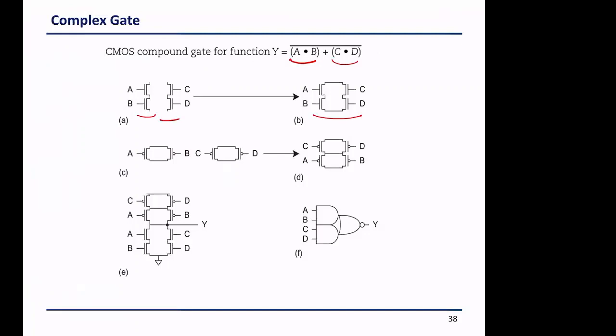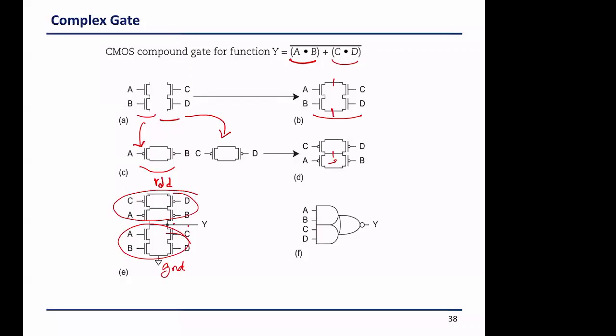For the pull-up, it was the complement. Series became parallel, series became parallel, and their parallel branches became in series, okay? And then the pull-up is between VDD and Y, and the pull-down is between ground and Y.